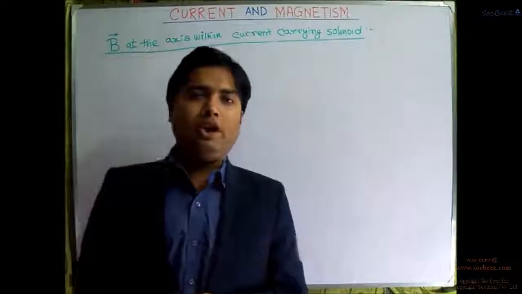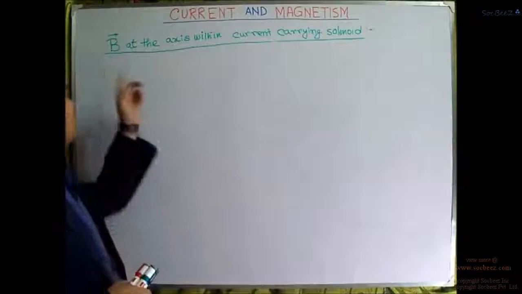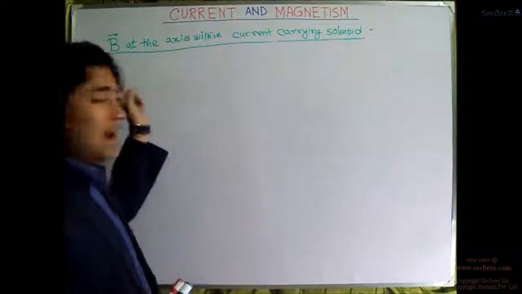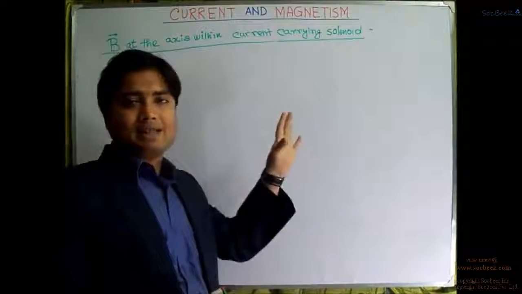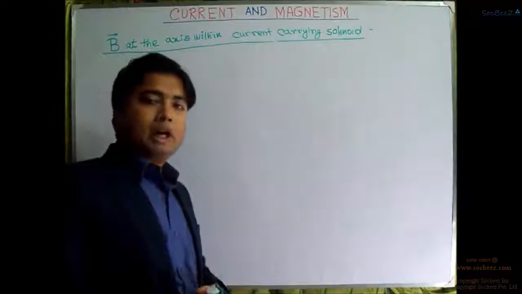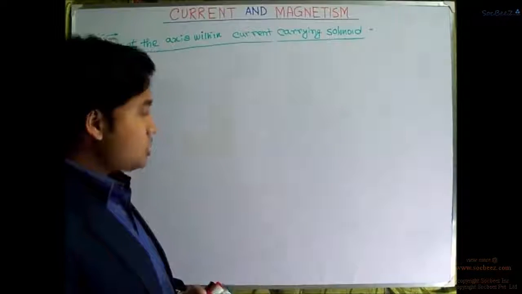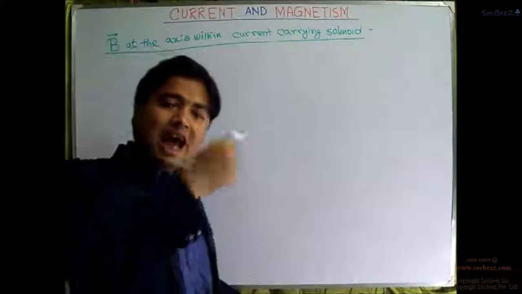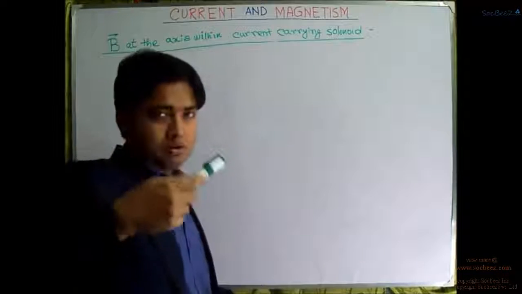Now we shall be looking at how to find the magnetic field at the axis within a current carrying solenoid. As we know, solenoids have a number of turns.